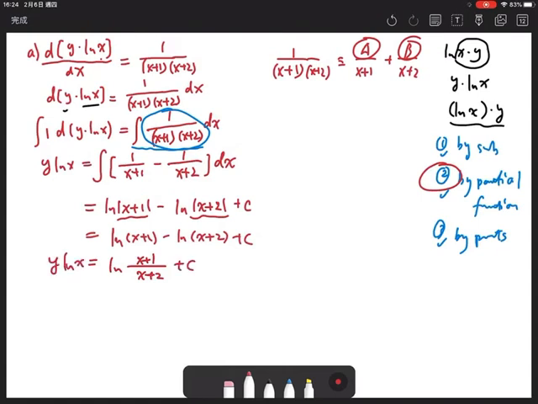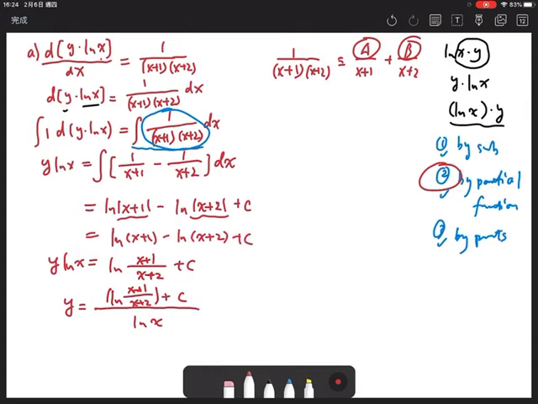Finally we make y the subject. So y just equals ln of x plus 1 over x plus 2, plus constant c, and then over ln x. Okay, so this is one term only.